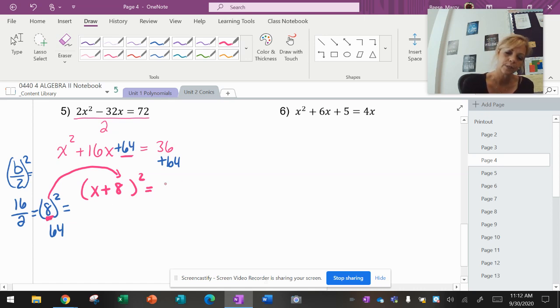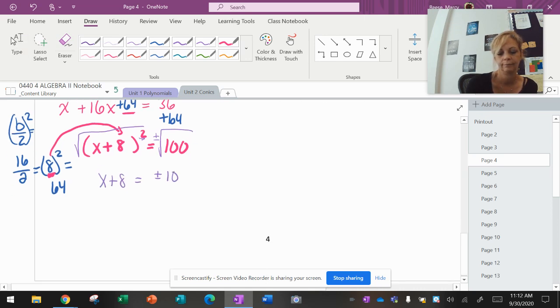So that's why it's a perfect square trinomial originally, because of this number. And then 36 plus 64 is 100. Ooh, I got a nice pretty one, right? Because I can already tell that's a perfect square. And then I'm going to square root to solve. To get rid of this squared, I square root. I have a plus minus 10.